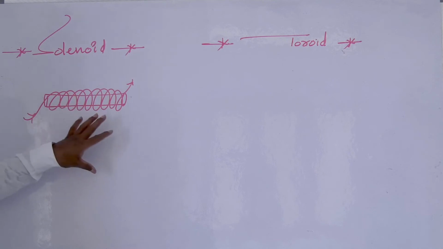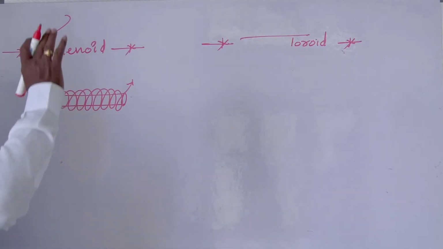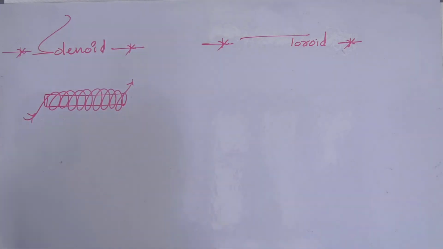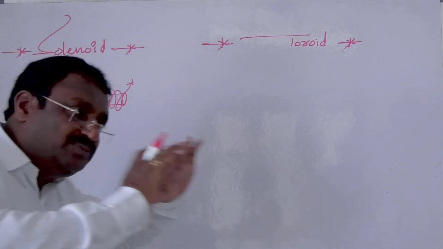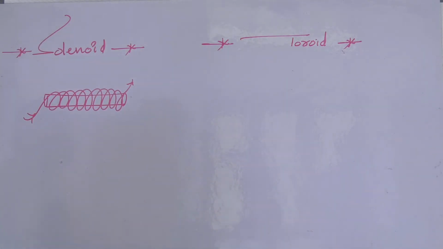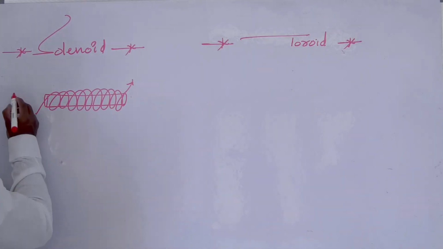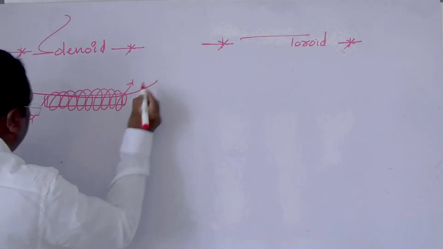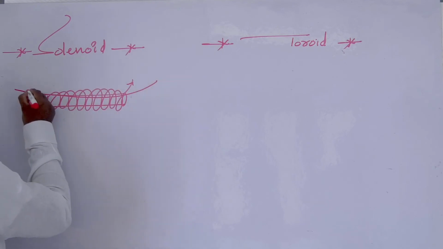Here the field lines in the case of a solenoid are similar to those of a bar magnet. How do field lines form around a bar magnet? In the case of a solenoid also, the same field lines are formed. Field lines enter from one end and leave from the other end.